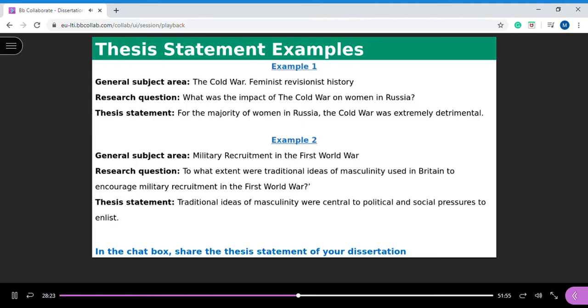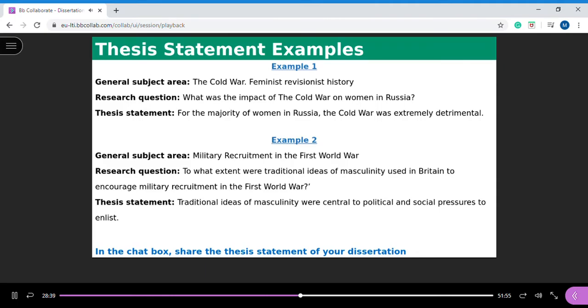The next step would be to have a position on this. So, for example, for the majority of women in Russia, the Cold War was extremely detrimental. So you've gone beyond just saying, I'm going to look at this subject, to having an argument and a position on it.